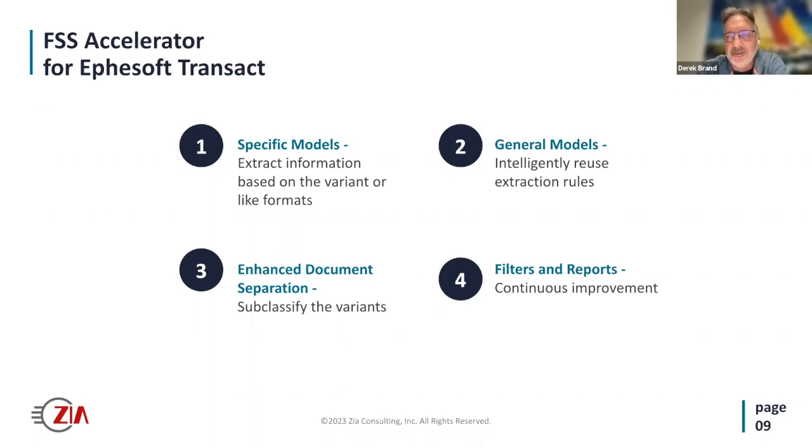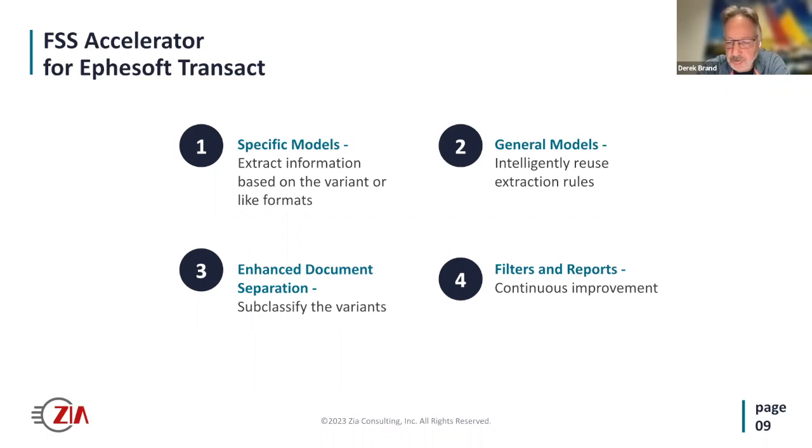It's typically using key values, but we can build a new template totally from scratch in a couple of minutes. If we're editing an existing template, that'll take literally seconds to edit if the format of a document is changed, for example. So we'll get the very best extraction and accuracy when we build a specific model.